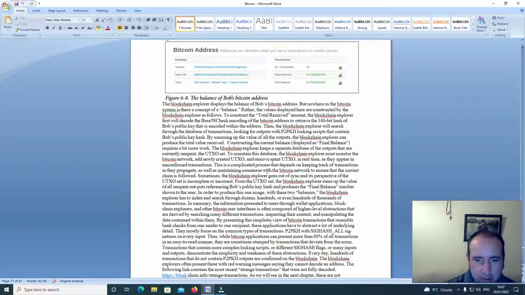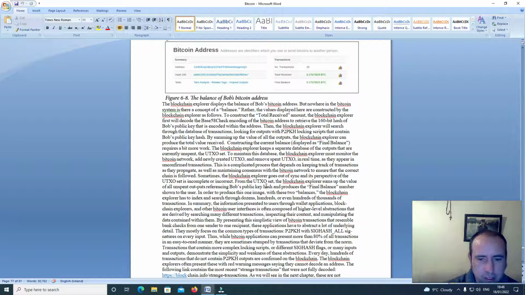This is a complicated process that depends on keeping track of transactions as they propagate, as well as maintaining consensus within the Bitcoin network to ensure that the correct chain is followed. Sometimes the Blockchain Explorer goes out of sync and its perspective of the UTXO is incomplete or incorrect.